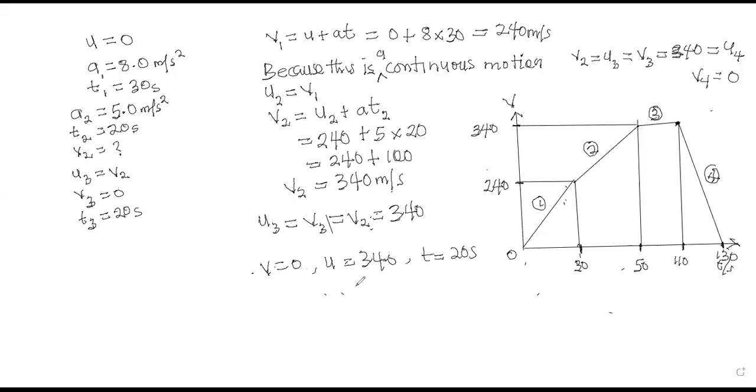The motion is in 4 parts: where the acceleration is 8, where the acceleration is reduced to 5, where the speed is maintained, and where it decelerates uniformly. So I'm doing this for you to follow what I'm doing step by step. Are you okay? Emel, are you okay?